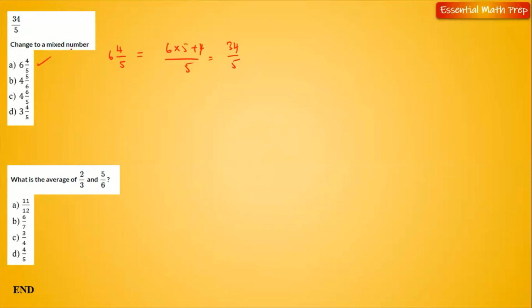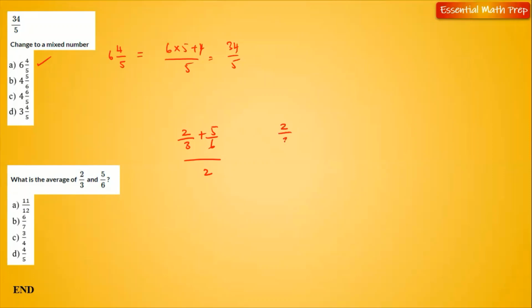What's the average of 2 over 3 and 5 over 6? So essentially the problem is asking you to do this, right? As I always said, take one step at a time. Since the denominator is a simple value of 2, we can solve the numerator separately and then plug it back in to get the final answer, right?